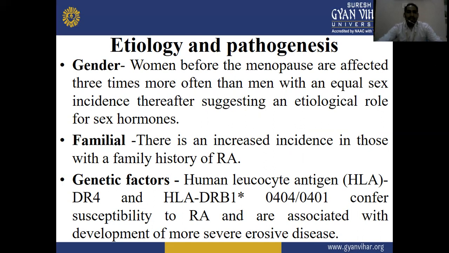Women before the menopause are affected three times more often than men, with an equal sex incidence thereafter, suggesting an etiological role for sex hormones. Menopause is a natural decline in reproductive hormones when a woman reaches her 40s or 50s.